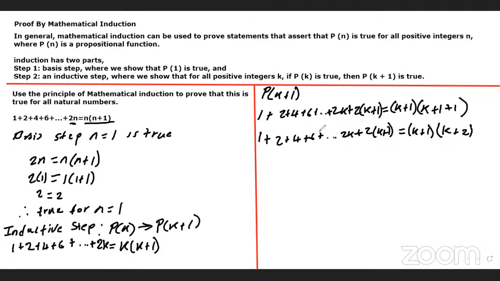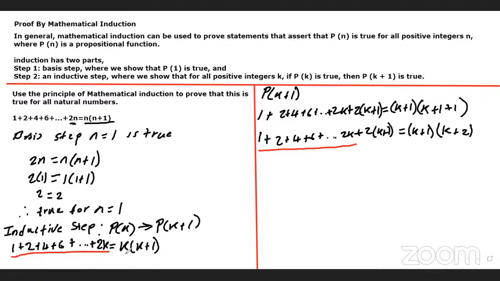At this stage, we are going to replace the P of k with what is on the right side of P of k. If you notice up here, this portion of the equation is the P of k. And when we had P of k, it's the same thing that we have here.